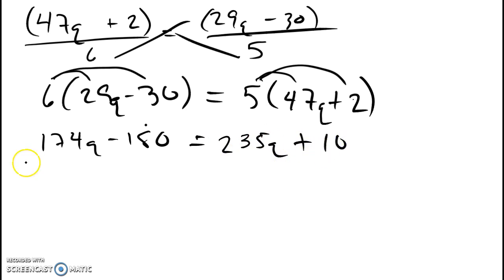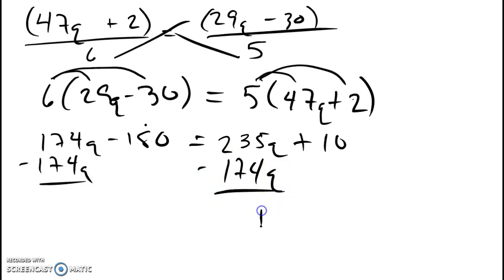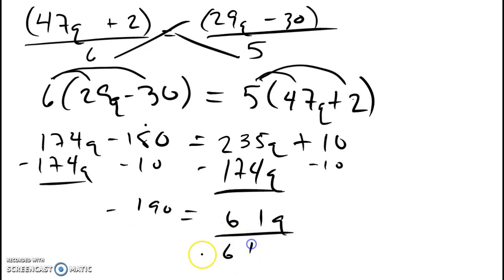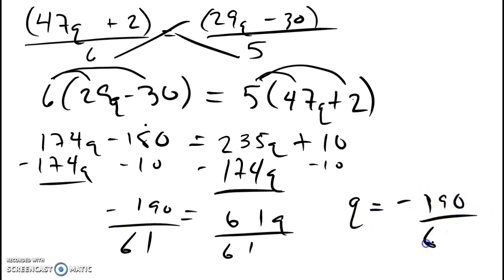I'm going to go ahead and subtract my 174q on both sides. And you're going to get 61q and subtract the 10 on both sides. 61q is equal to negative 190, and divide the 61 on both sides. And you find out that q is indeed negative 190 over 61.